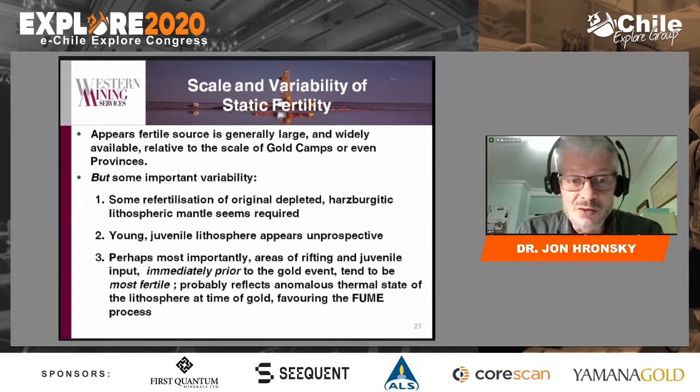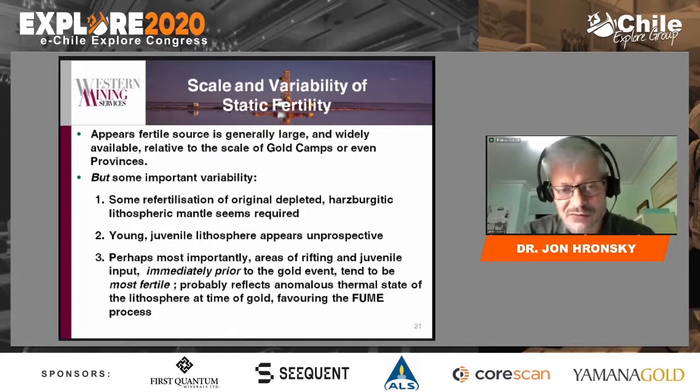Secondly, while there isn't too much of it around, where we replace refertilized old lithospheric mantle by young juvenile lithosphere, for example, in a lithosphere delamination event, the young juvenile lithosphere that hasn't had that history of metasomatism doesn't appear to be prospective. And northern China gives us a good example of that. And remember, there's a four-dimensionality about all these things. We've got to think about this in four dimensions, time as well as space.